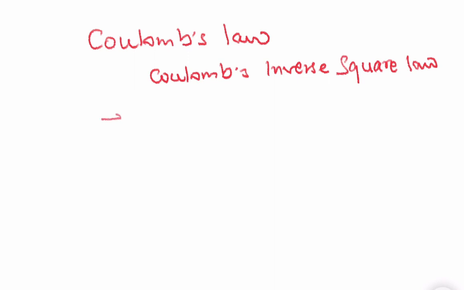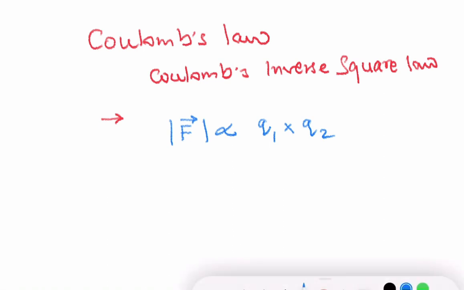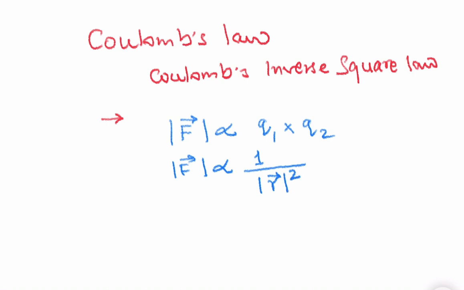The law states that the magnitude of the electrostatic force of attraction or repulsion between two point charges is directly proportional to the product of the magnitude of charges, and it is also inversely proportional to the square of the distance between the two point charges.